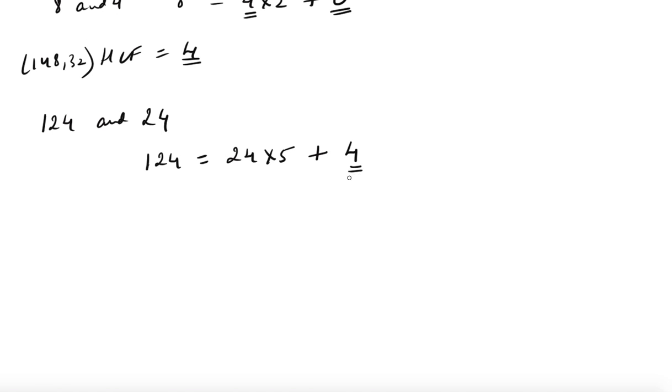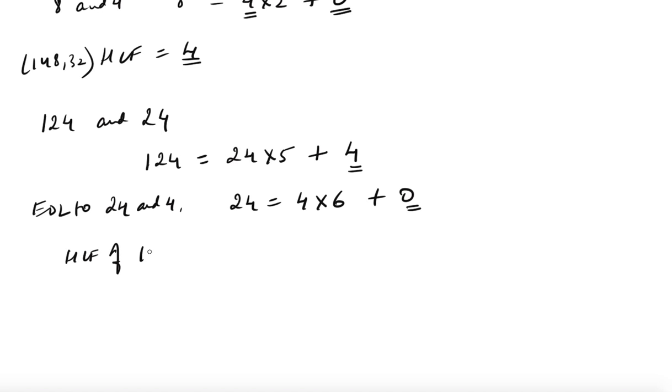Again this is not equal to 0, so we'll apply Euclid's division lemma to 24 and 4. Now 24 is equal to 4 into 6 plus 0. So we got the remainder as 0 in the second step only. Hence the HCF of 124 and 24 is equal to 4 itself.